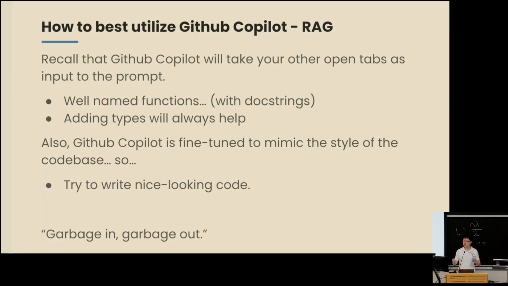It's really good with helper functions. If you wanted to slice a list, or, I don't know, do a Fibonacci sequence, I think it can do it pretty well, right? Adding types will always help, as I've tried. If you add types, it's more likely that it can pull the right objects for you.